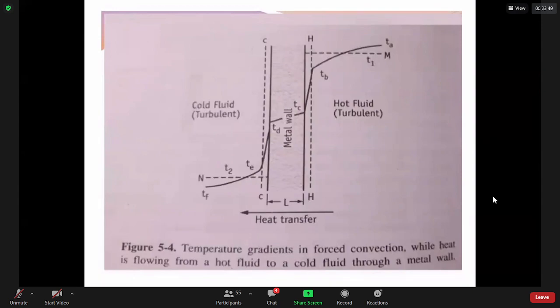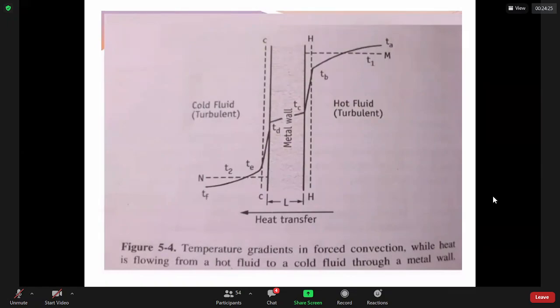Now, the dotted lines, HH, you can see here, are the boundaries of the film on the hot surface, but there is also the boundary on the cold surface, which is CC. That one is also given.